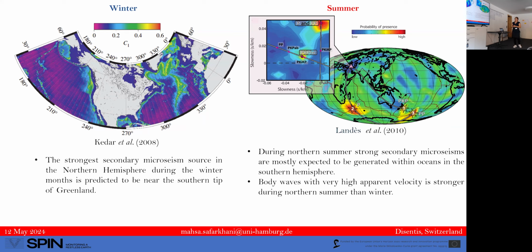These are high apparent velocity P waves generated by strong ocean activities during the northern summer in the southern hemisphere. This is the general pattern of seasonality variations during summer and winter for the secondary frequency band.